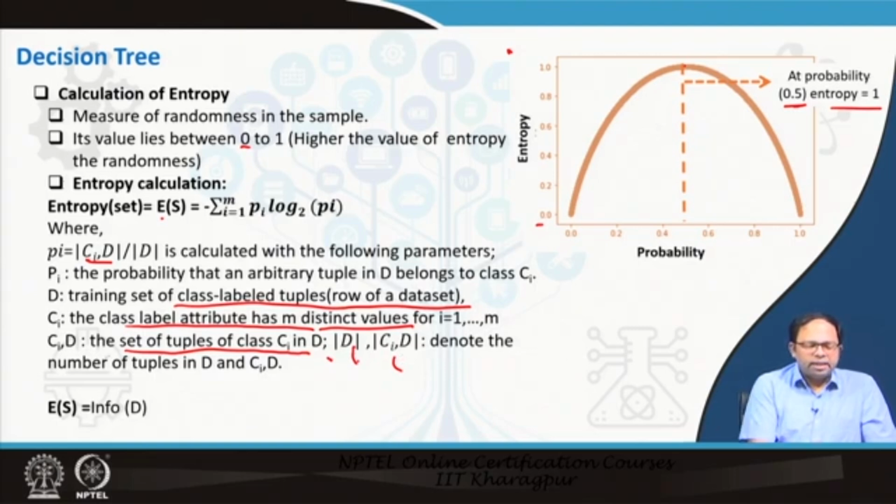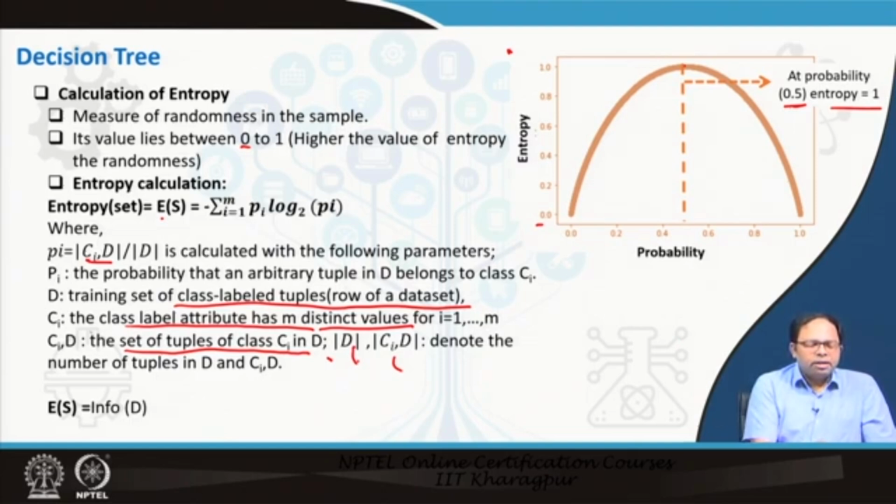A tuple, as I have already explained, is a row of data: there is an outcome and there are attributes for that outcome.